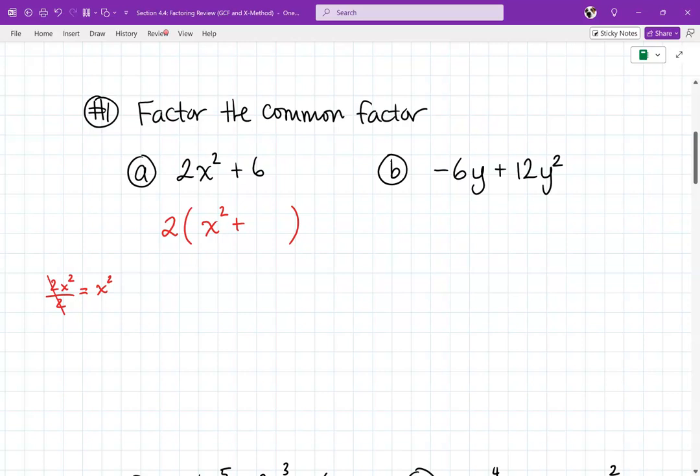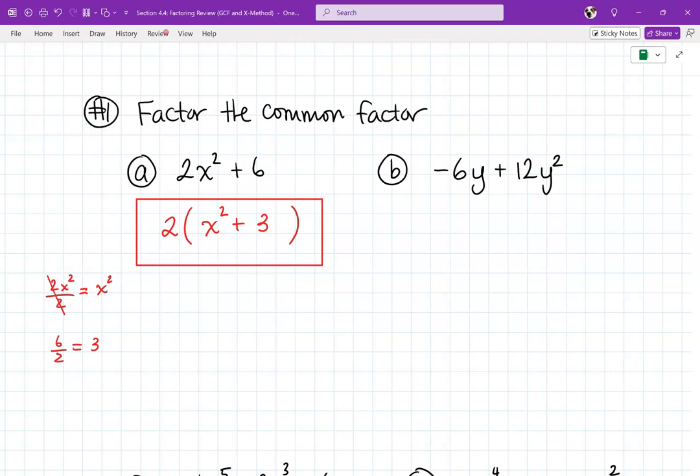Plus, then 6, if I factor a 2 out of 6, what I'm basically doing is saying 6 divided by 2. Well, that's 3. Okay? And that's it. You're done. This is factored. Okay? So we're done factoring this thing, and we move on. Okay, so this is GCF, greatest common factor.